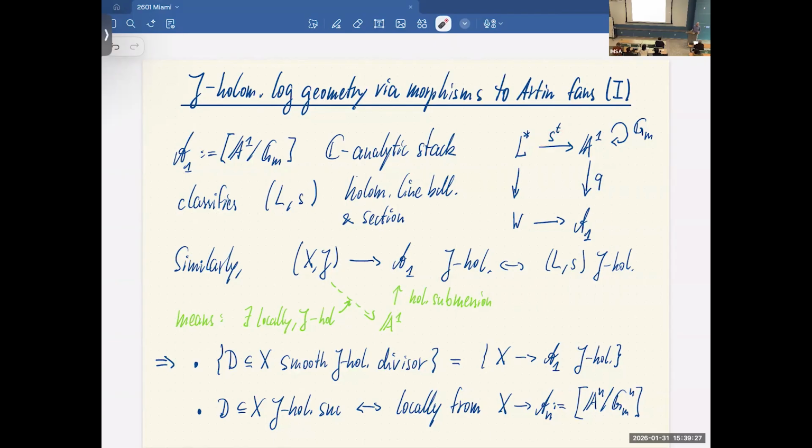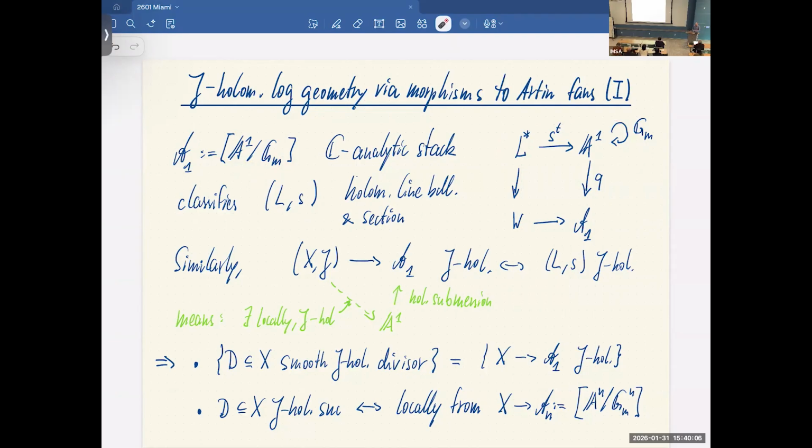It's a morphism from A1 to L. So if I want to say it has something to do with L comma s, I better transpose the whole thing, and the section would give this morphism. So I have a G_m-equivariant diagram up here, a morphism up here. G_m acts here by the usual bundle multiplication. And this is a line bundle, so kind of one compactification of a G_m-torsor by the zero section. So this is how this stack classifies such diagrams, or how this stack is the same as the stack of holomorphic line bundles with a section. Okay.